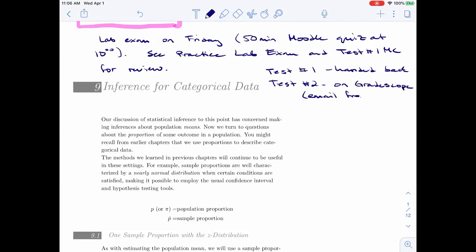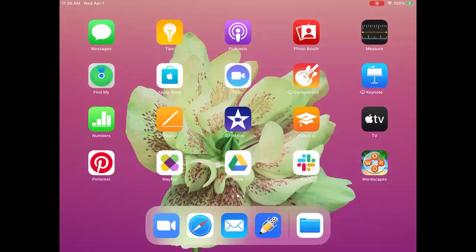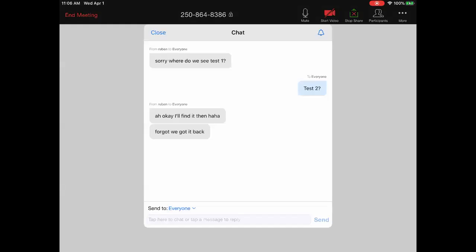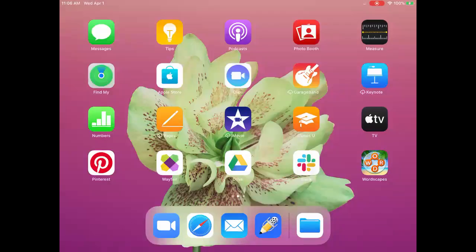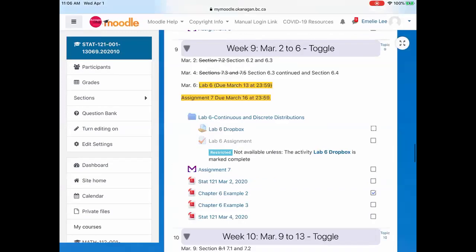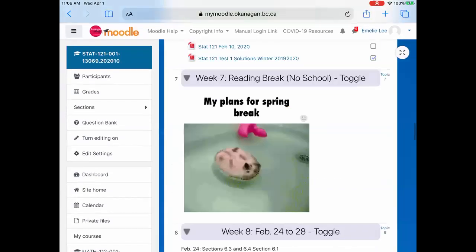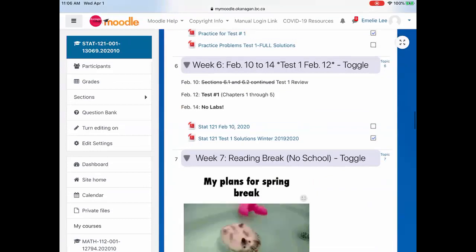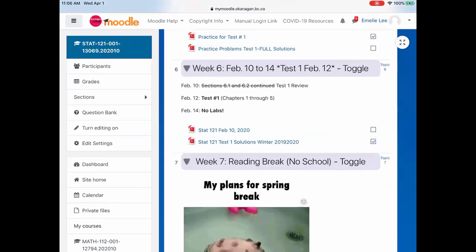Email from Gradescope. Okay, nice. I'll double check, but I usually post the solutions. Yeah, I posted the solutions to test 1 in the week 6 block of Moodle. So at least you've got the solutions.